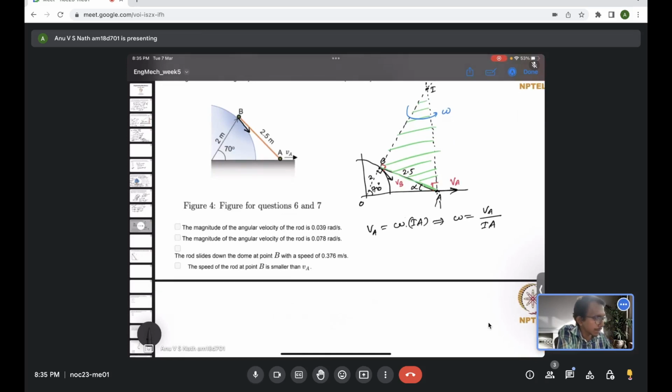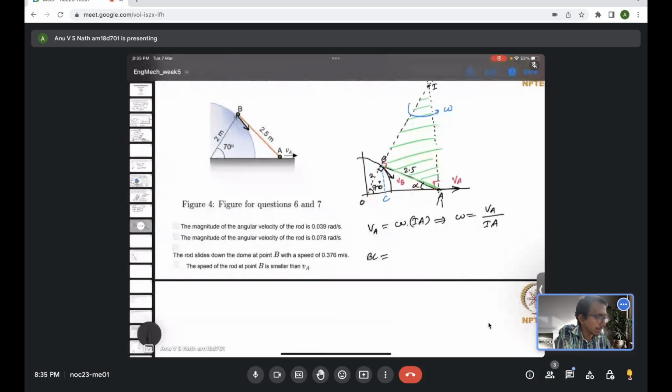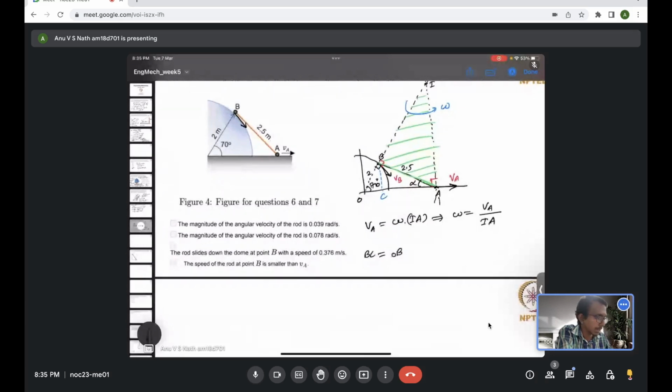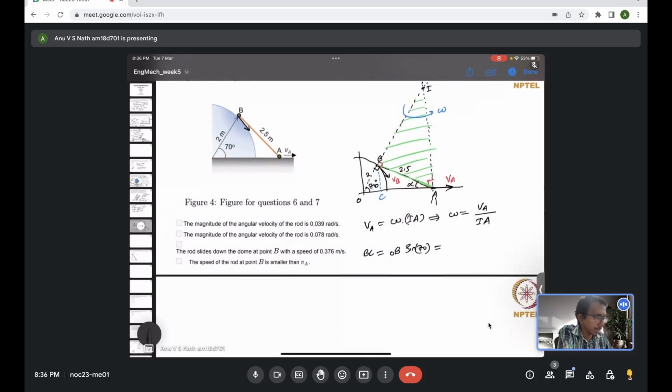So now if you see here, let me draw a blue vertical here and denote this as C. From geometry you can see the height BC is equal to OB times sine of 70 degree, right, which is also equal to AB times sine of alpha.